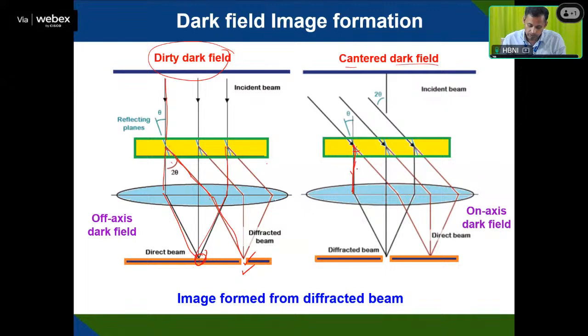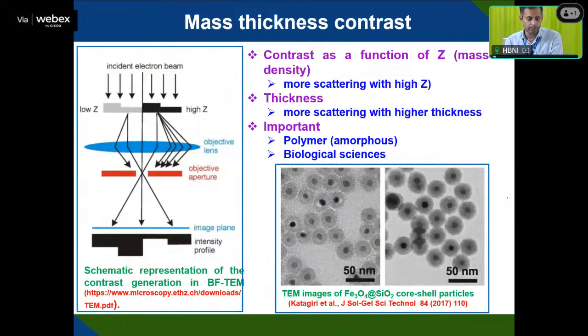You can see it passing perpendicular to the lenses and then going to the aperture at the center position here. This is on axis dark field, and the other is off axis dark field. Between dirty dark field and center dark field, using on axis dark field will give a better image.